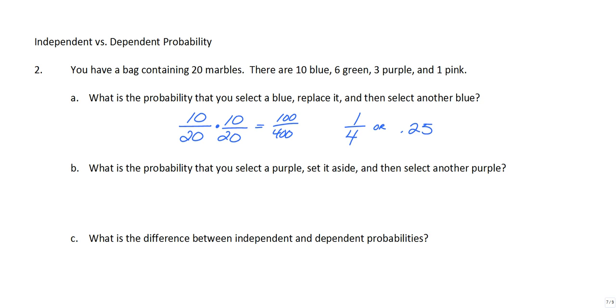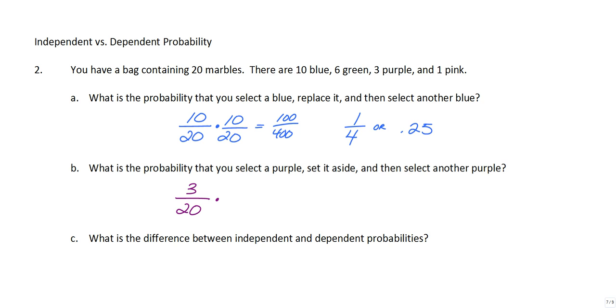So if you replace something, it's independent. The next example is dependent, because we're going to find the probability that you select a purple, set it aside, and then select another purple. So let's imagine this bag of 20 marbles, and we know that 3 of them are purple. So we have 3 out of 20 marbles times, now remember, set that purple aside.